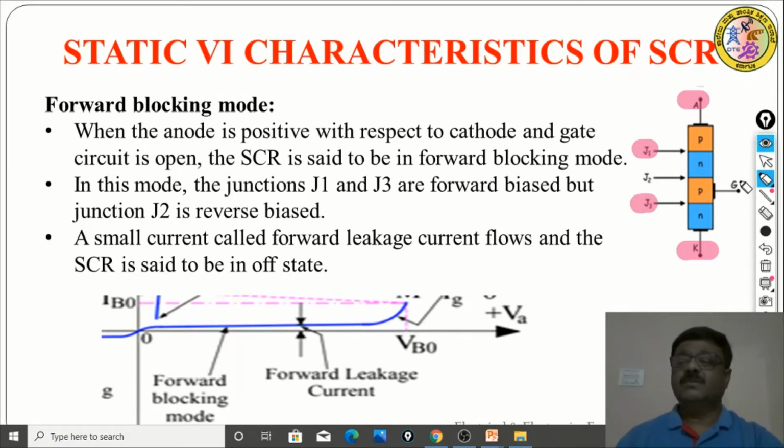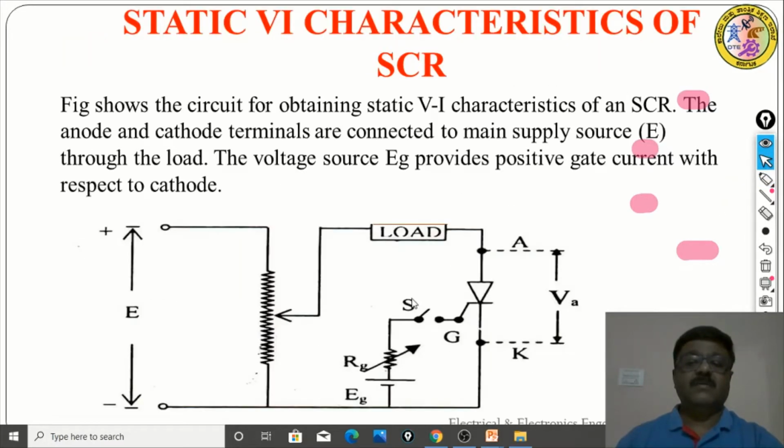Now in this case we are plotting the characteristics by keeping the gate open. In the forward blocking mode we are not applying any gate current; this switch is kept open. By keeping it open, we vary the voltage across the anode and record the corresponding anode current drawn by the SCR.